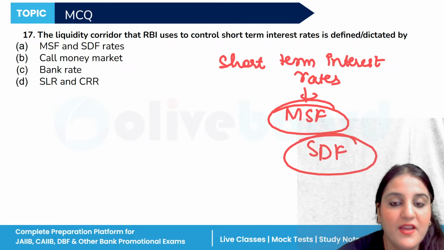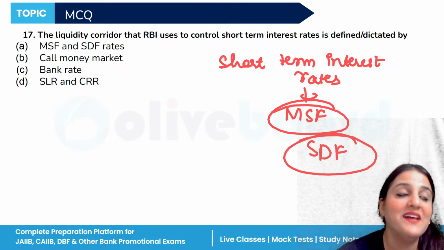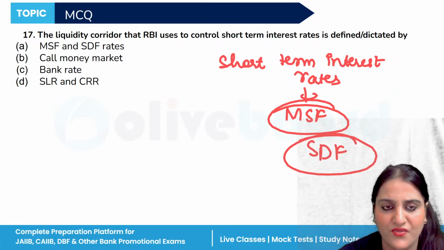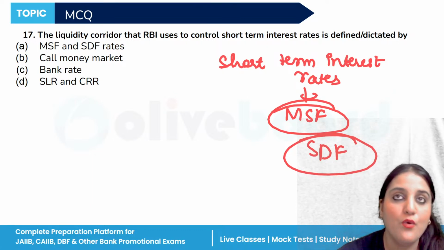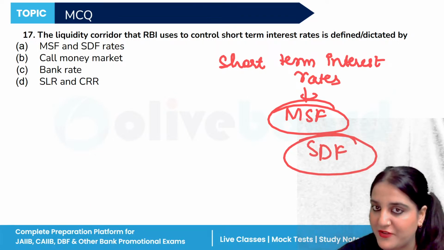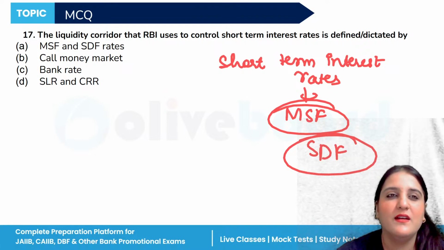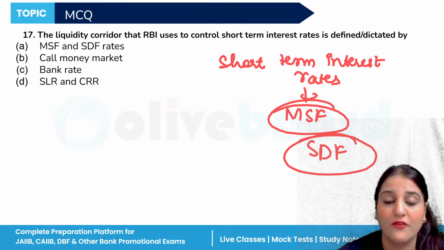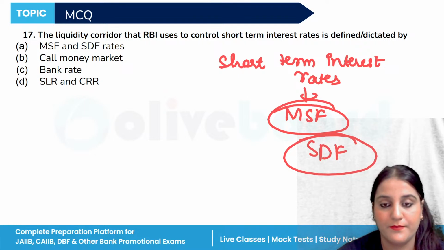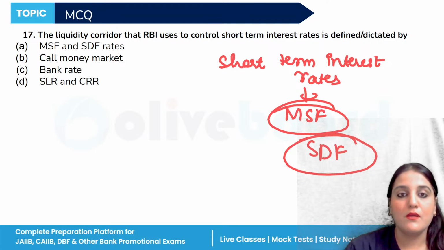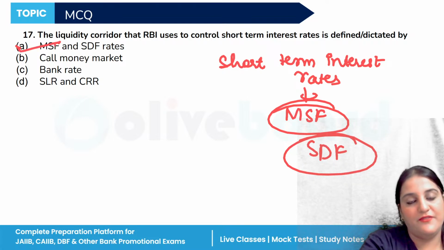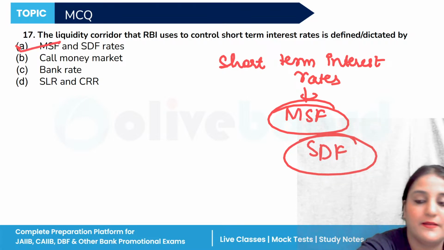Then SDF is the rate at which banks can park their excess funds with the RBI overnight without any collateral, and it acts as the lower limit of the liquidity corridor. So we can say that option A is correct here.